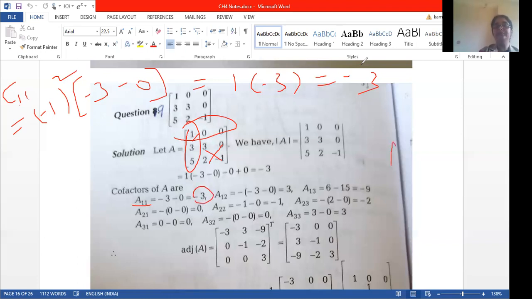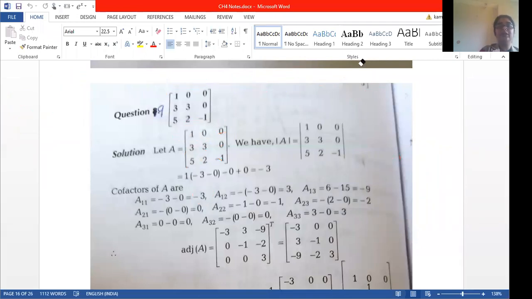Then a12 is 0. Clear? It lies in this particular row and this particular column. So what will be C12?